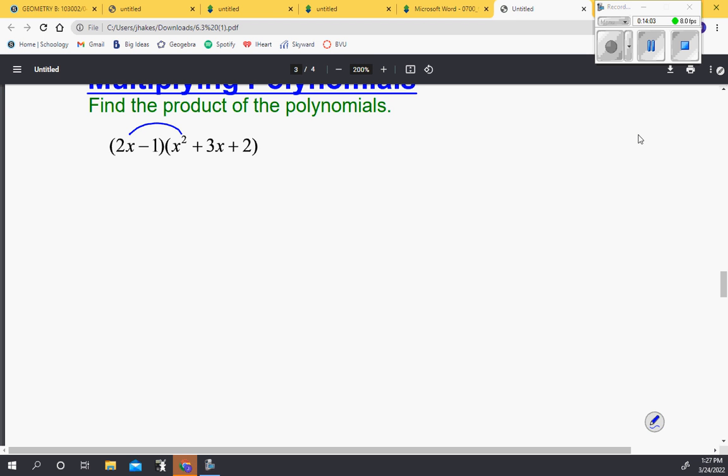Well, that's 2, and then x cubed. 2x times 3x, 2 times 3 is 6, x times x, that's going to be x squared. And then 2x times 2 is 4, and the x just comes along.